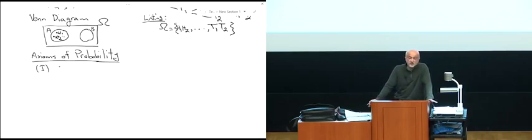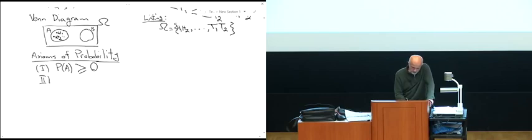Actually, I don't care which one you call 1, 2, or 3. Just give me one of them. Non-negativity. The probability of any event must be non-negative. In fact, the probability of any sample point must be non-negative. And what's the other one? Normalization, which means what? All the probabilities have to add up to 1.